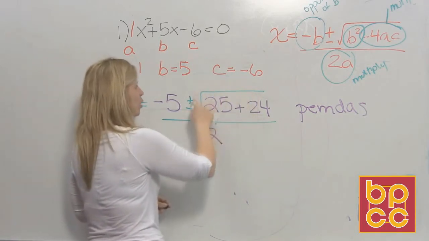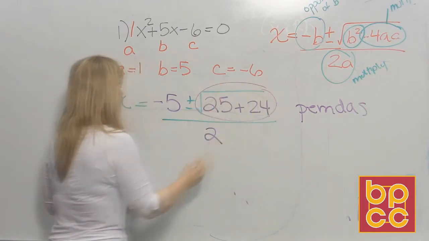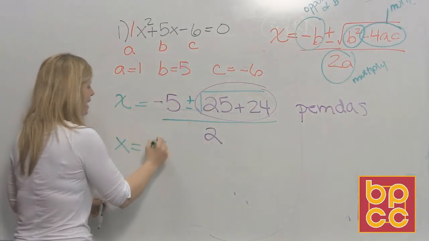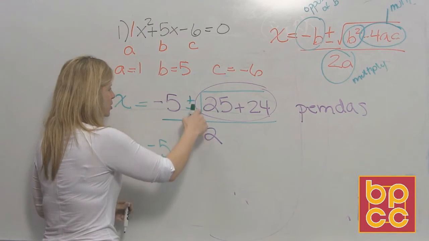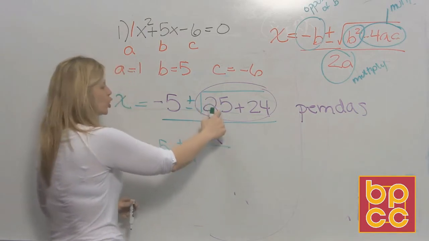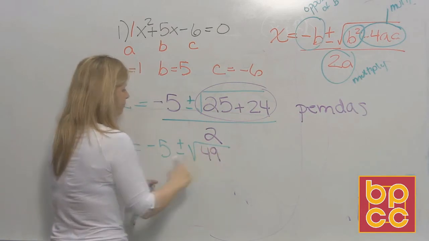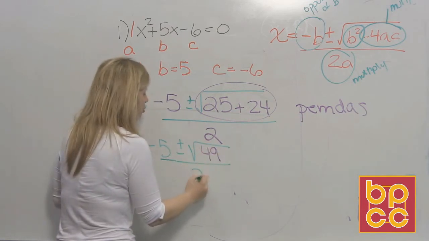So here's where we're going to work first, the root. So we copy x equals negative 5 plus or minus square root 25 plus 24 is 49 over 2.